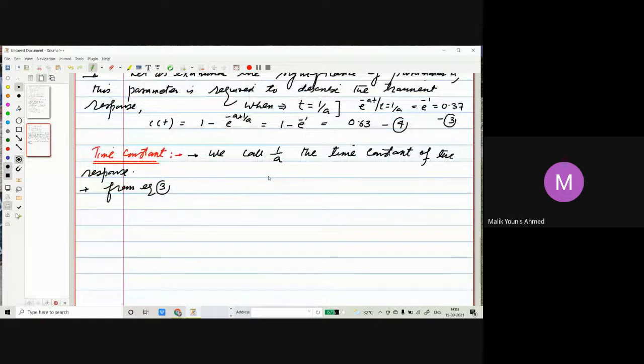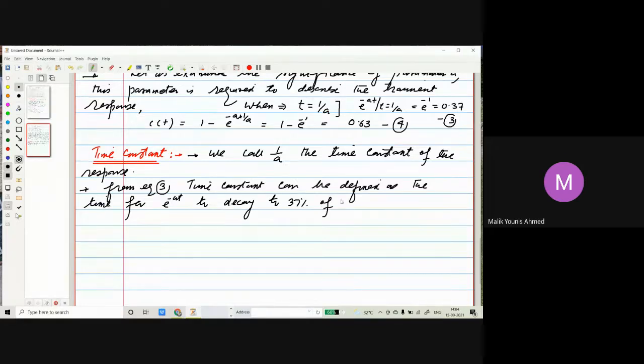So the time constant can be defined as the time for the response, e raised to the power minus At, to decay to 37% of the initial value.